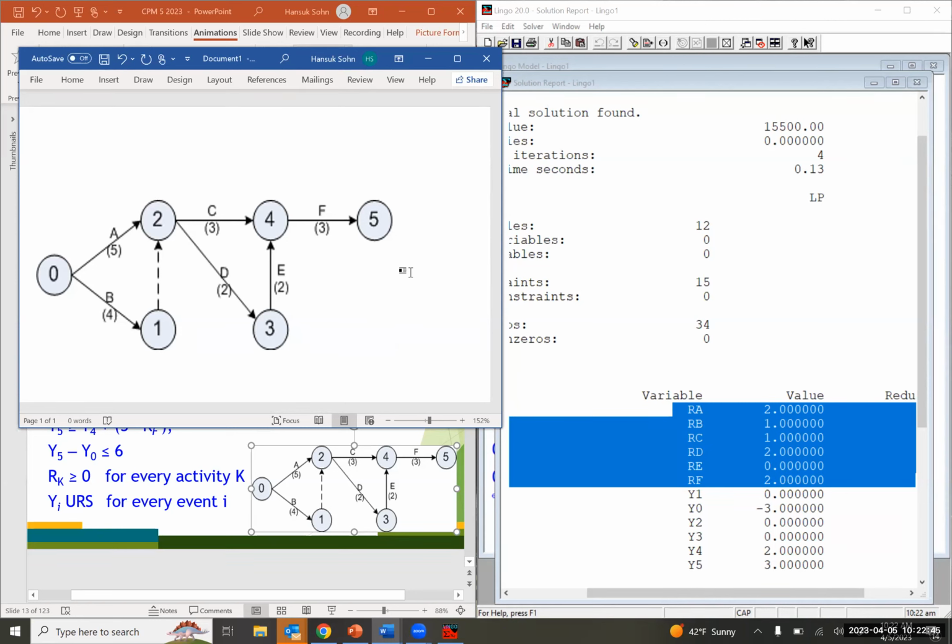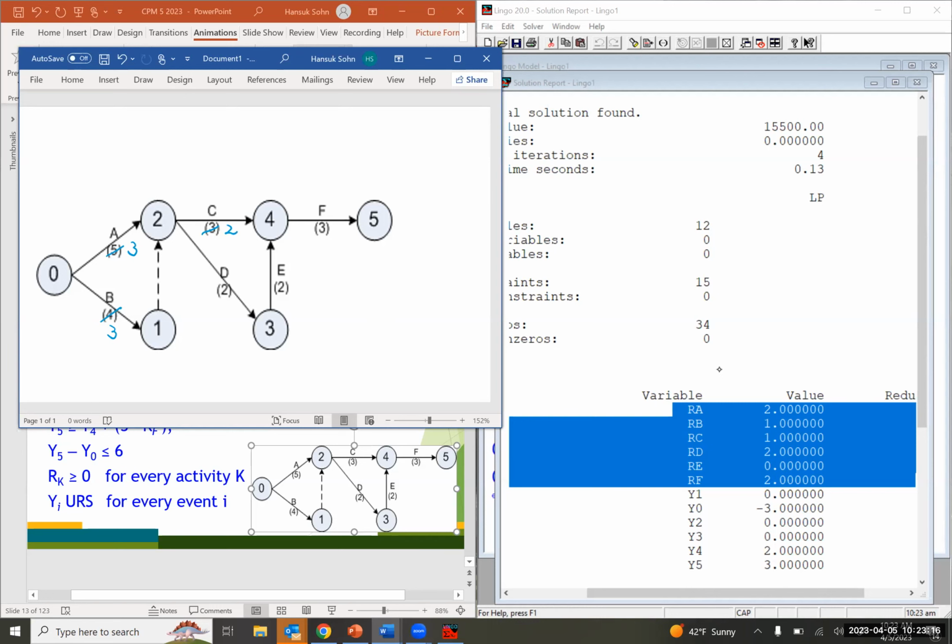According to our optimal solution from Lingo, the duration of activity A has to be reduced by 2 days, so it's going to be 3. Likewise, the duration of activity B has to be reduced by 1 day, so it's going to be 3. And C is going to be 2, 3 minus 1, right?